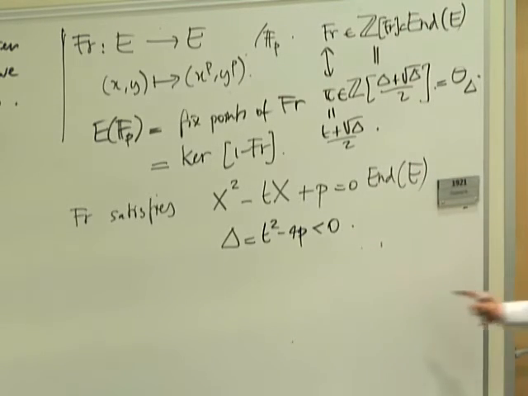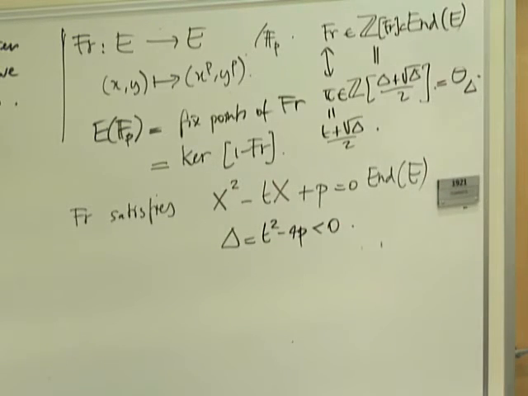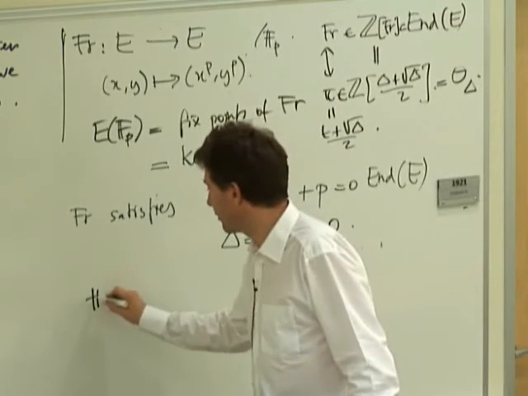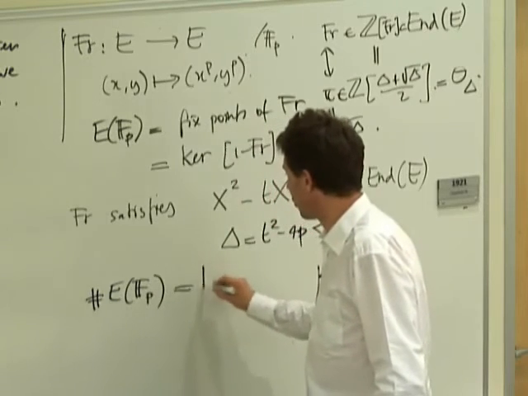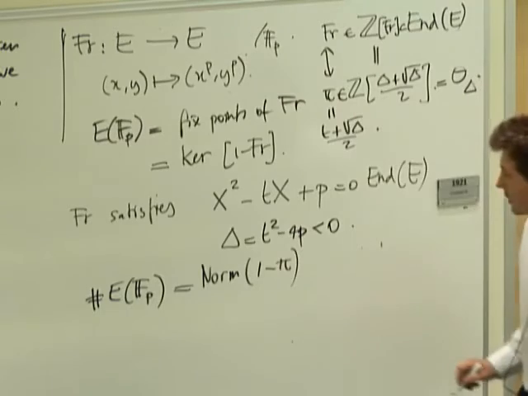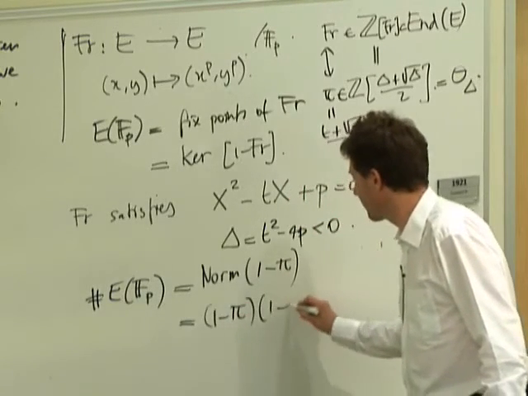And what we're looking at is just the kernel of multiplication by 1 minus pi, and the theory tells you that the number of elements in this kernel, that's the order of the elliptic curve over Fp, is what you get as the norm of 1 minus pi, and that's just saying it's 1 minus pi times its complex conjugate.